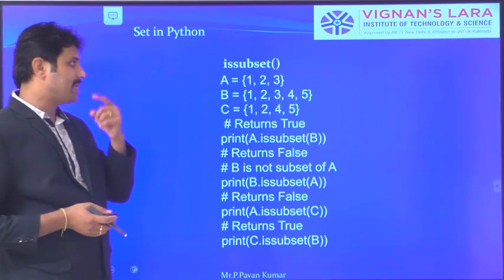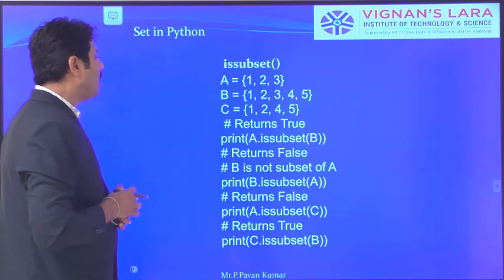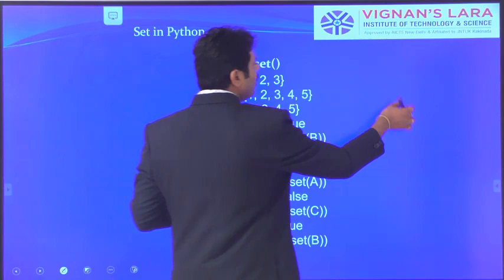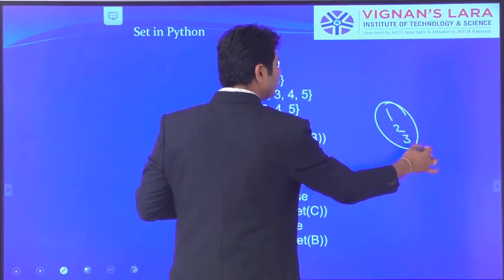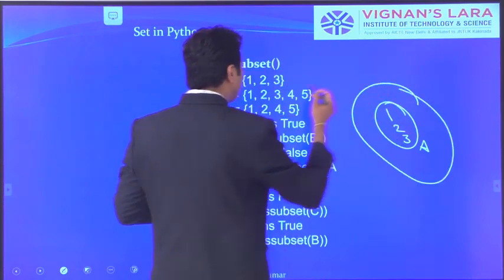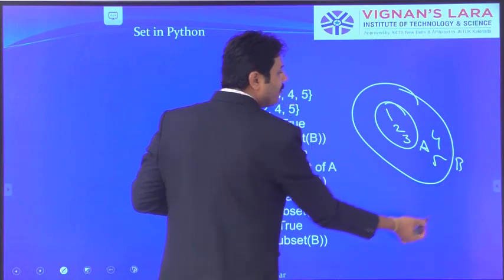Next one, subset. It is the reverse of superset. Let us take A is a subset of B. What is A? A is 1, 2, 3. Next, B. B is 1, 2, 3, along with 4, 5.